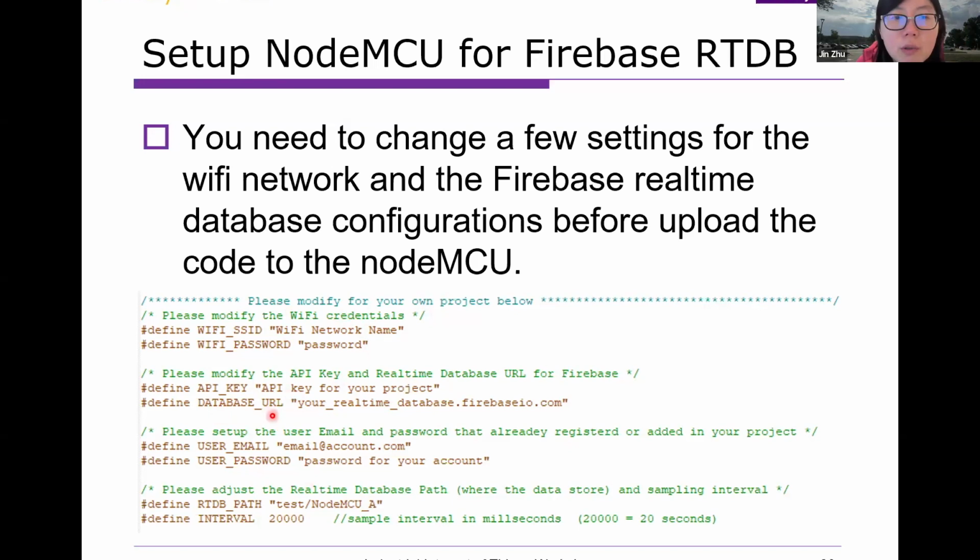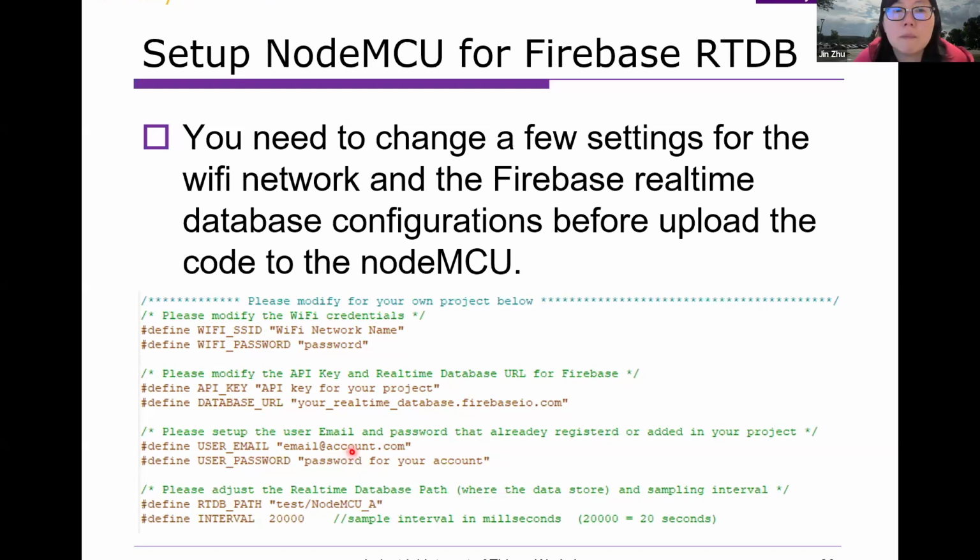Whatever database URL we just established for your project. And then set up the username, email and password that you already registered into the project, so that the user is able to access the database.